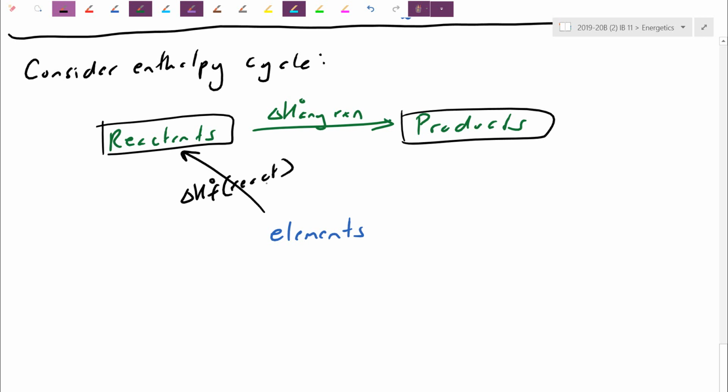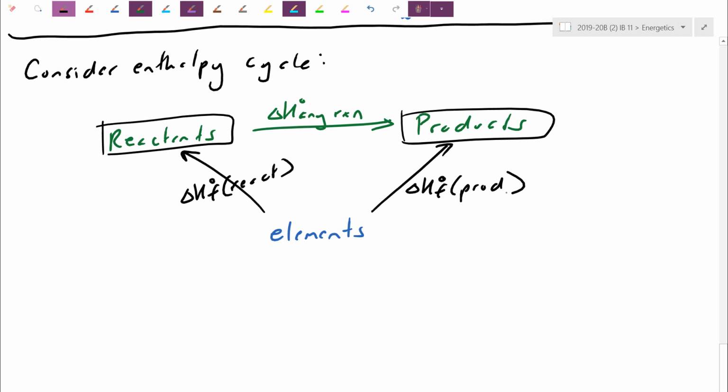And just like bond enthalpy, I'm going to specify here reactants, because those are the making of the reactant side. In a very similar fashion, if I take the elements here, I look at the chemicals on the product side, and I draw an arrow, I can call this energy change here the delta H formation. You'll notice I have a subscript F to remind me of formation, but that's going to be the making of things on the product side, so I'm going to say delta HF products.